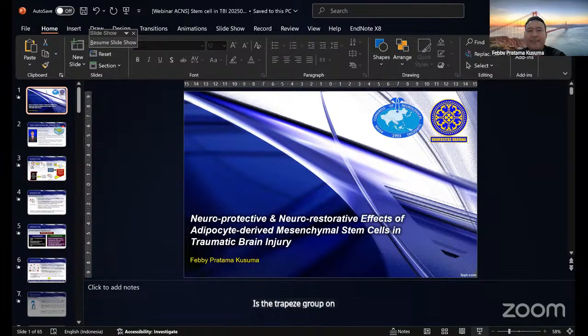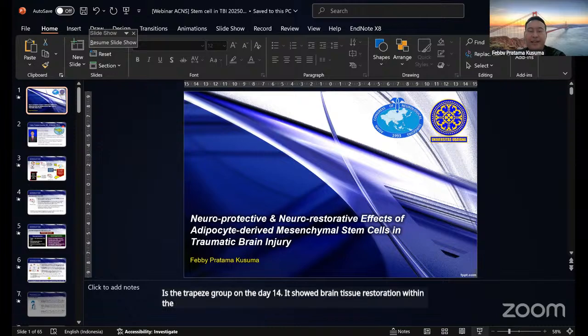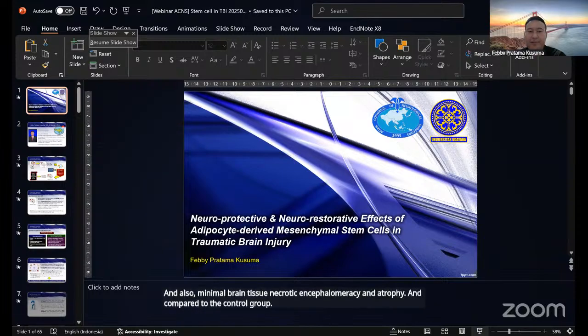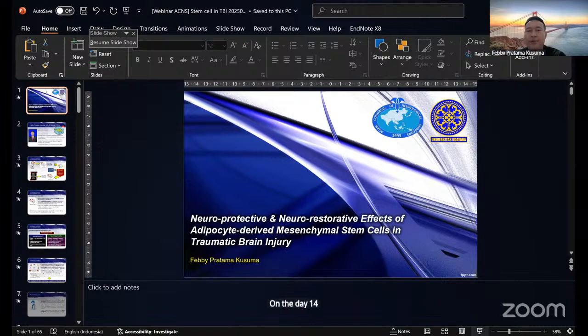It showed brain tissue restoration within the brain injury area, similar to healthy brain tissue, including the vascularization. The brain injury lesion area is getting smaller, with minimal brain tissue necrosis, encephalomalacia, and atrophy. Compared to that, the control group on day 14 shows no brain tissue restoration within the brain injury area, and has broad brain tissue necrosis, encephalomalacia, and atrophy.